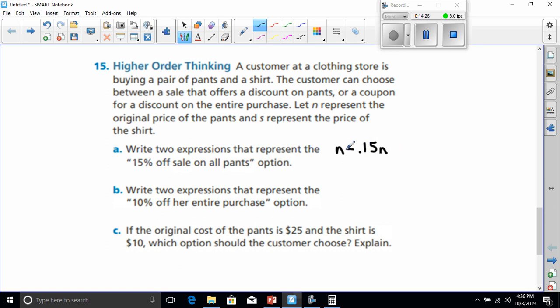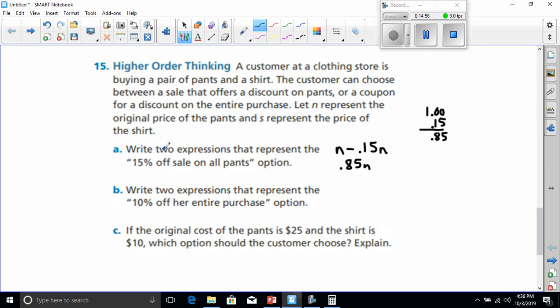Another way of doing this is to realize that I'm taking 1 and minusing 0.15 from that. That's going to give me 0.85. Which means another way of writing this could be 0.85 N.